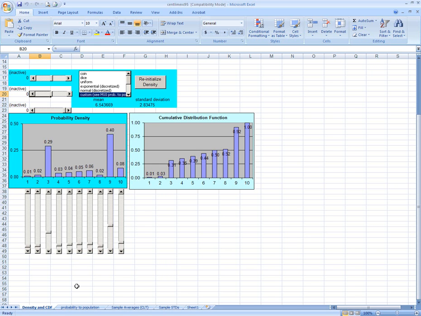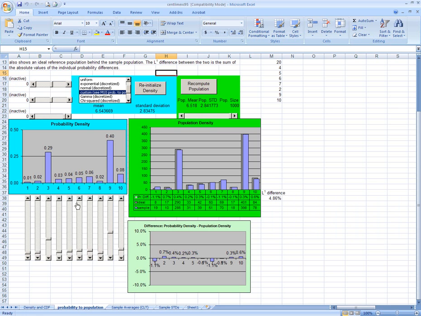Okay, so if I now take samples from that population, I just compute a population of 1,000 samples, let's say, and what we of course always say is the probability predicts the reality.